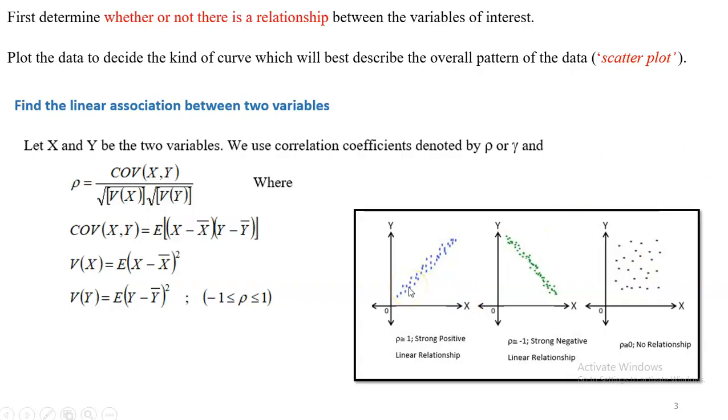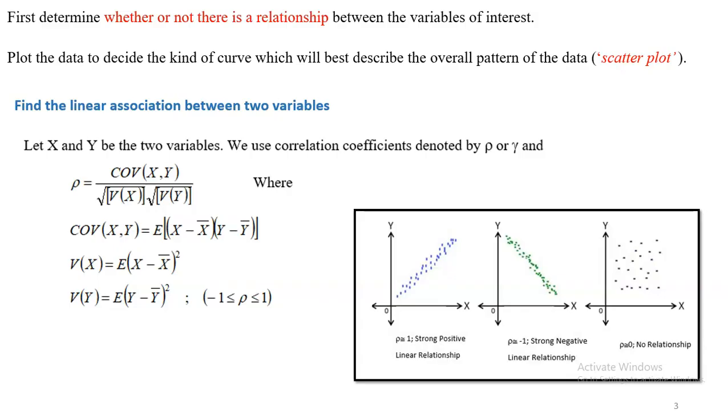In the first one, you can see that almost all the data are aligned towards a diagonal, and when x increases, y also increases. If you can find such variations, we say that there is a strong positive linear relationship.